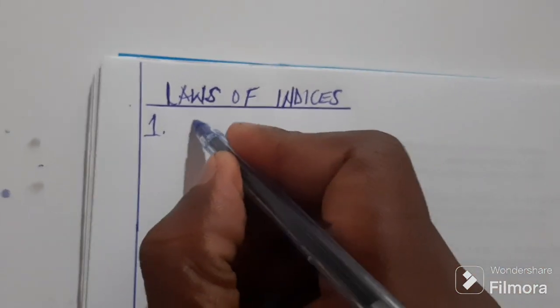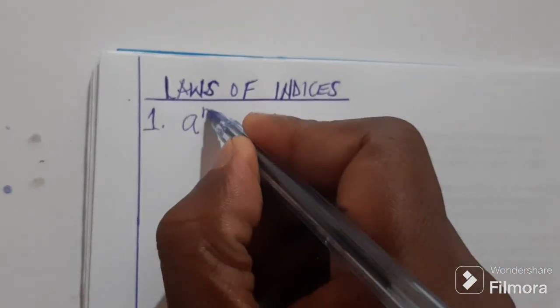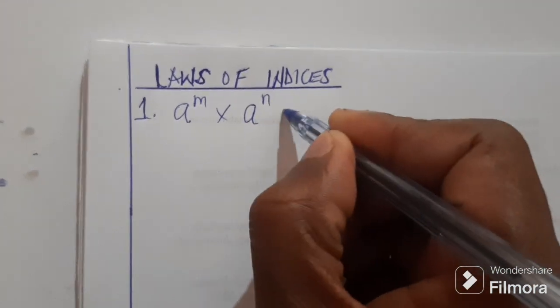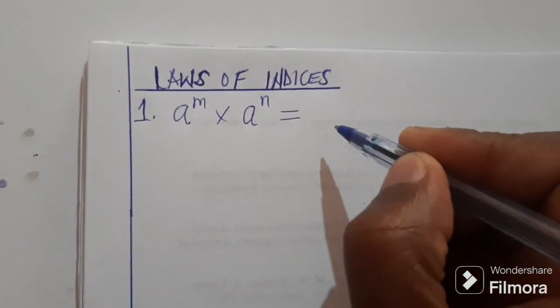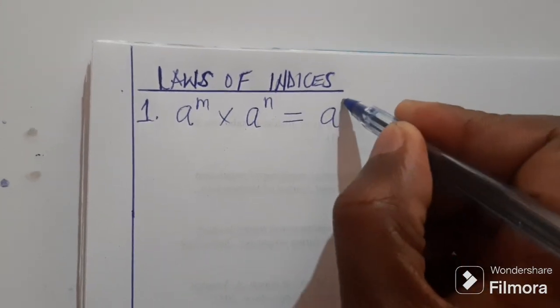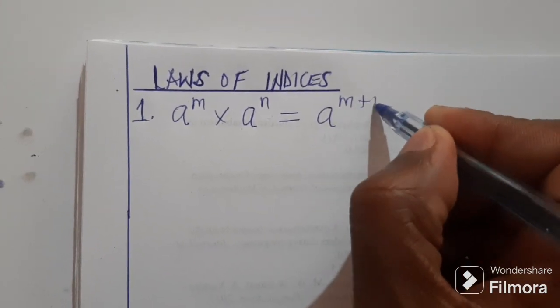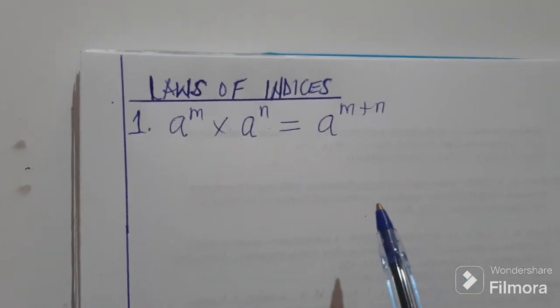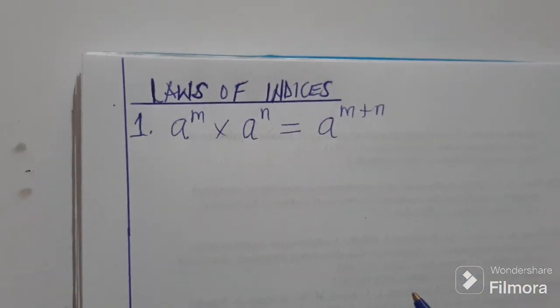If you are given a number A to the power of M multiplied by A to the power of N, then this will be A to the power of M plus N. In other words, if the bases are the same, you add the powers. That is the first law of indices.